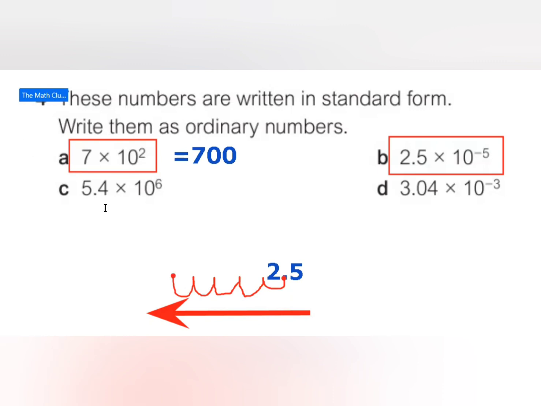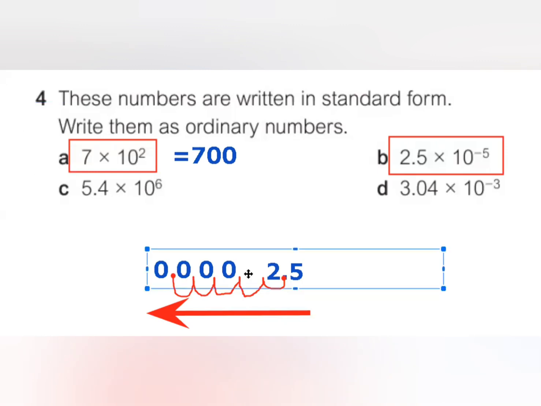Each space I have empty with no numbers, I'm going to put zeros. And before the decimal point, I'll put 0. We missed one space, so we put 0 on it. Each space I made with the movement of the decimal point, I just put zeros in it.